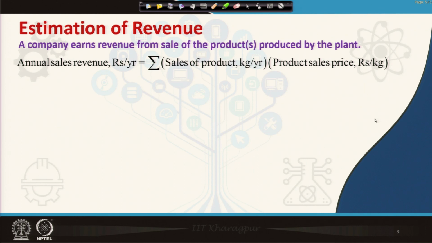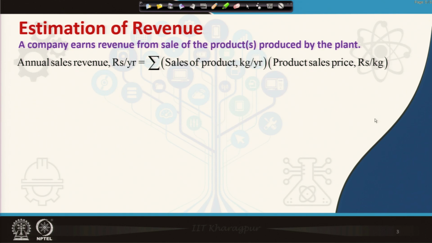A company earns revenue from sale of the products produced by the plant. A company can have multiple products, a company can have a single product and may or may not have a few byproducts as well. So, annual sales revenue in rupees per year will be sum of sales of product in kg per year multiplied by product sales price in rupees per kg.